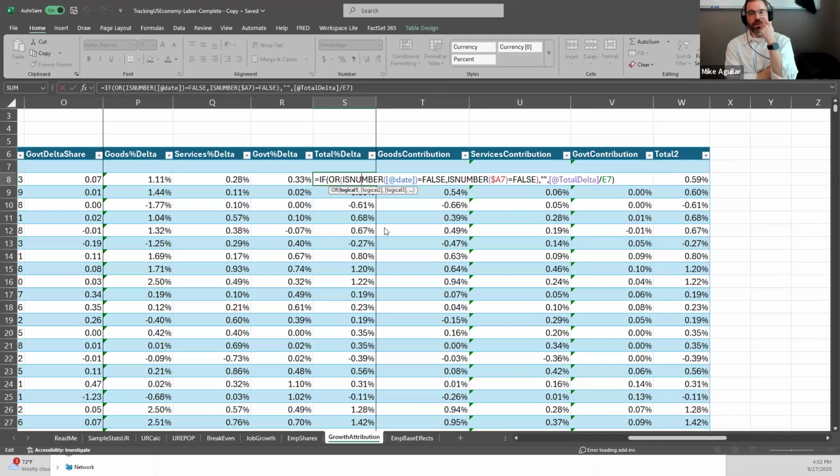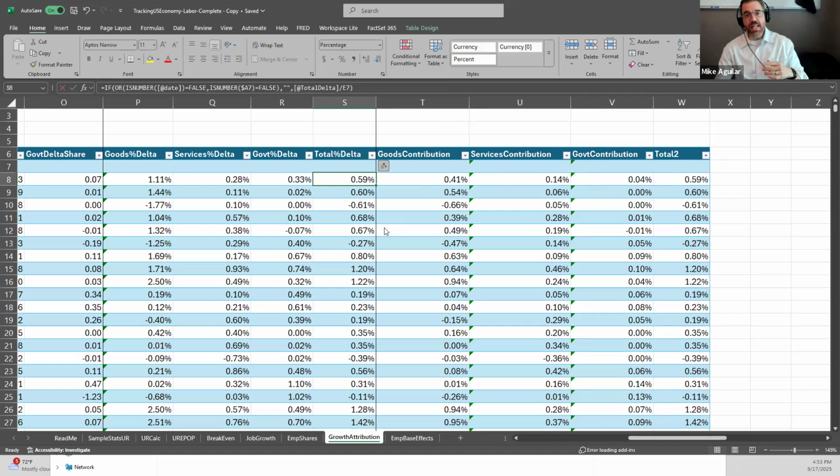I'm referencing the total delta and I'm dividing it by the old. Remember, new minus old divided by old. So I'm using the raw data and calculating the percentage change, and I got 0.59%. Then I took my three contributions and added them up, and it equals that 0.59%. So my attribution analysis matches.